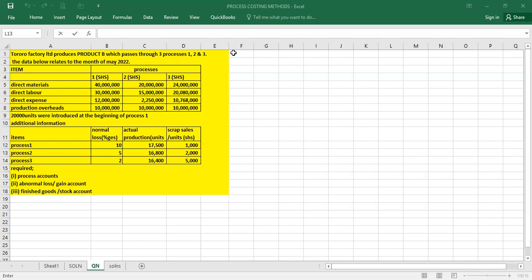Then we have the production overheads, 10 million each process, and below they are saying 200 units were introduced at the beginning of the process, that is process 1.